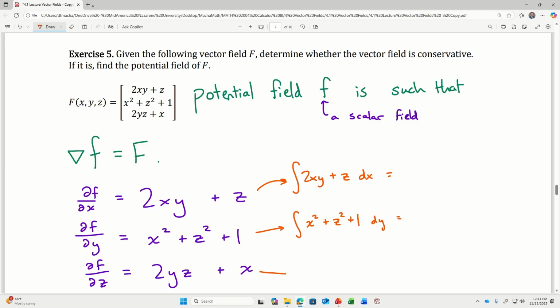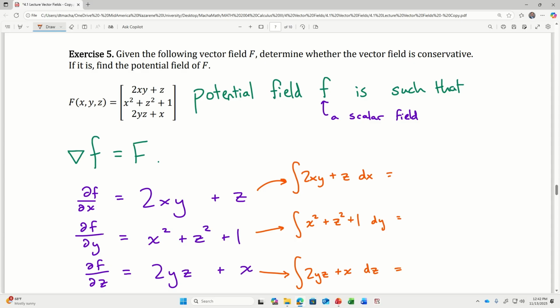And then we're also going to take the antiderivative of 2yz plus x with respect to z. Because if this is the derivative with respect to x, I should be able to take the antiderivative and get back to f. And same thing with the other two, right?